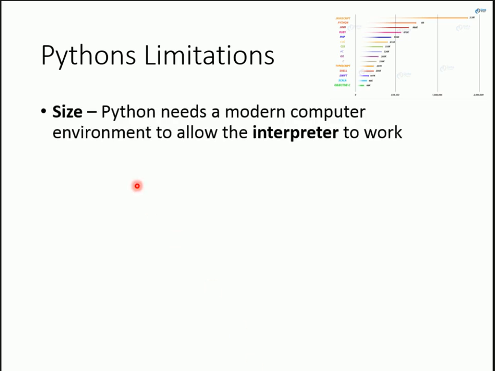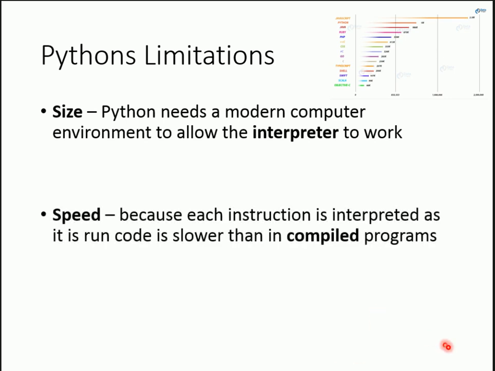Okay, so the size, we need a modern computer environment, so Arduino won't work because the interpreter needs space and memory. The speed, because instruction is interpreted, the code runs slower than compiled programs.